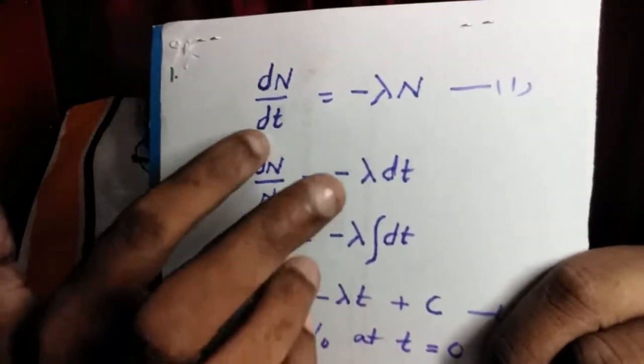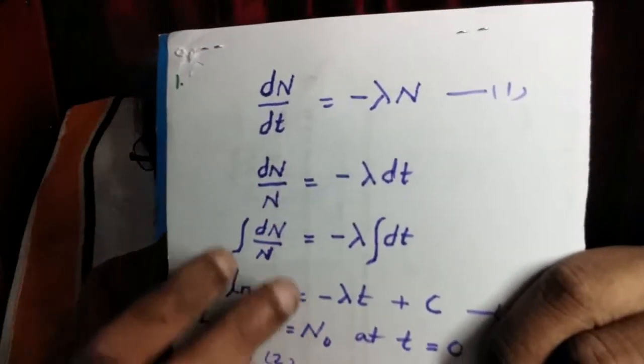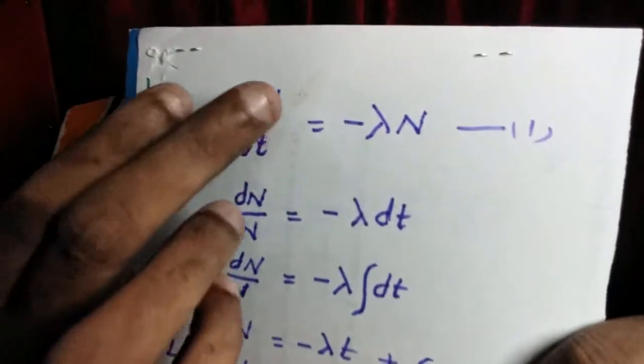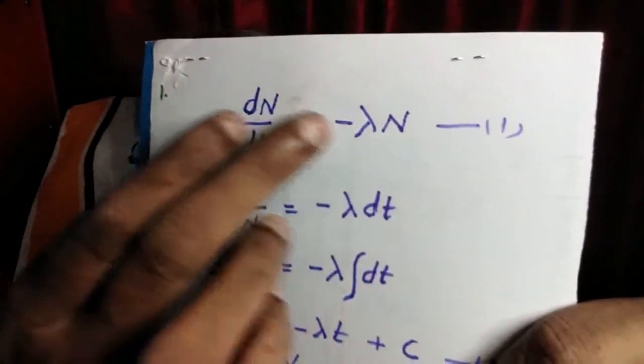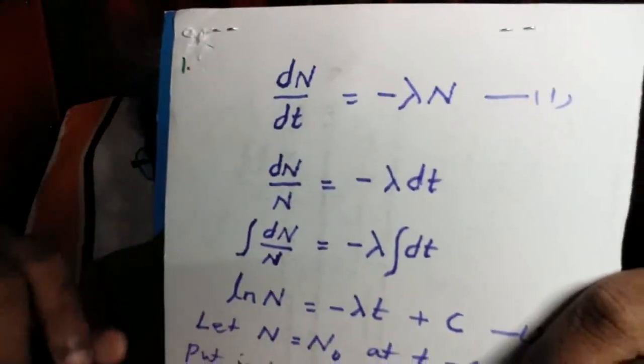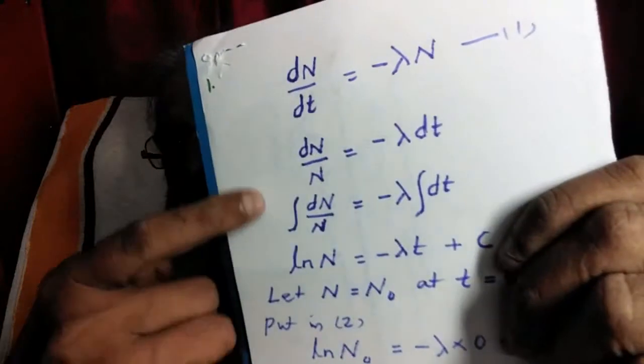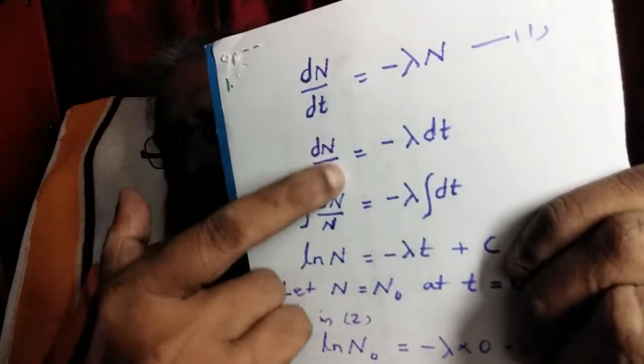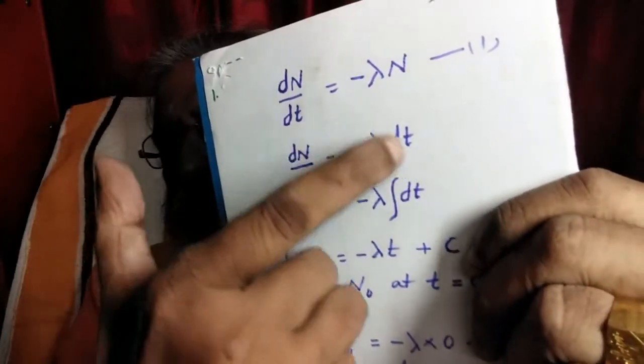Now you have to solve this. Here there are two variables, N and t. These two variables are distributed on either side of the equal sign. So you have to separate them such that one variable comes to one side of the equal sign and the other variable to the other side.